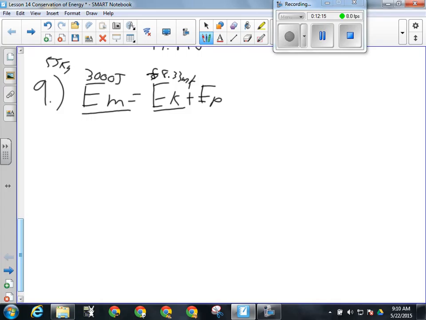Subtract. Right, I subtract this one over to this side. If I know what they add up to is 3,000 joules, and I can find out one of the two, I just bring it over here and solve for the one I was missing. Everyone follow me there? So I'm going to go 3,000 joules, the total mechanical energy, minus the kinetic energy equals EP.